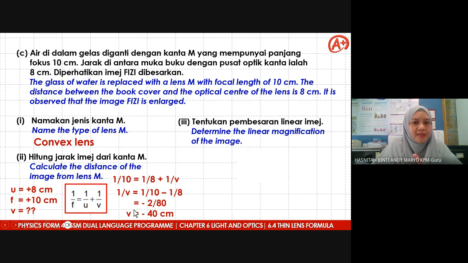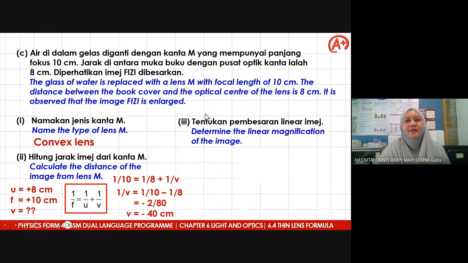So what do you understand from this value? There are two pieces of information here. Number one, the image distance is 40 centimeter from the optical center. Number two, since it is negative, the image is virtual, meaning it is produced on the same side as the object.